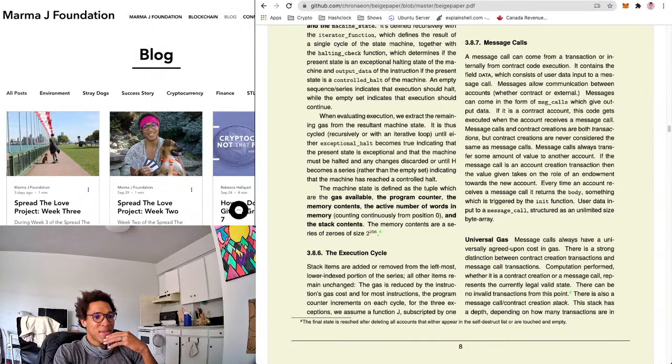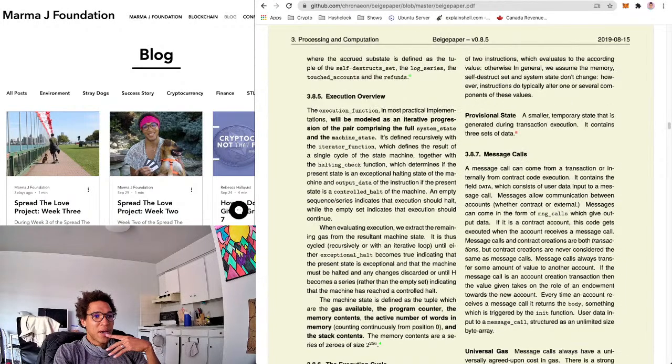The gas is reduced by the instruction's gas cost, and for most instructions, the program counter increments on each cycle. For the 3 exceptions, we assume a function J subscripted by one of 2 instructions, which evaluates to the according value. Otherwise, in general, we assume the memory, self-destruct set, and system state don't change. However, instructions do typically alter one or several components of these values.